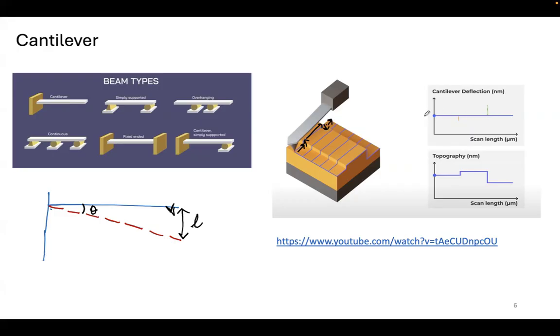It goes on, there's some deflection, the cantilever continues, there's another deflection, and it continues. Therefore, what it can reconstruct is this topography, what your structure looked like, and this is the length in micrometers. So that's one example of an application of a cantilever.